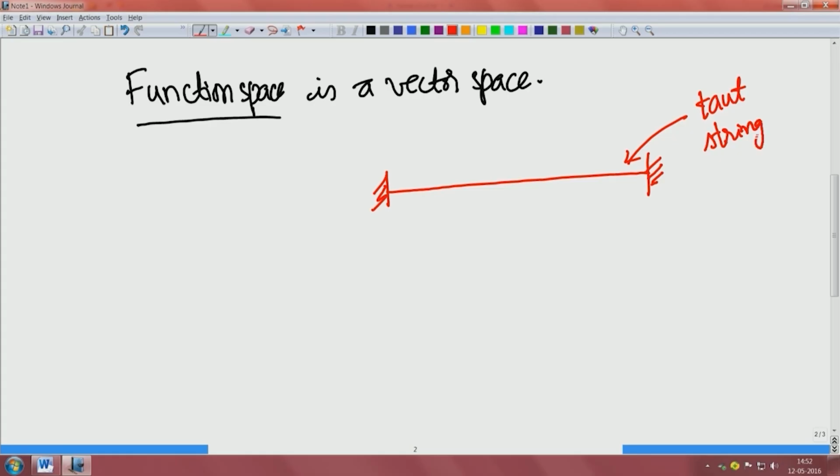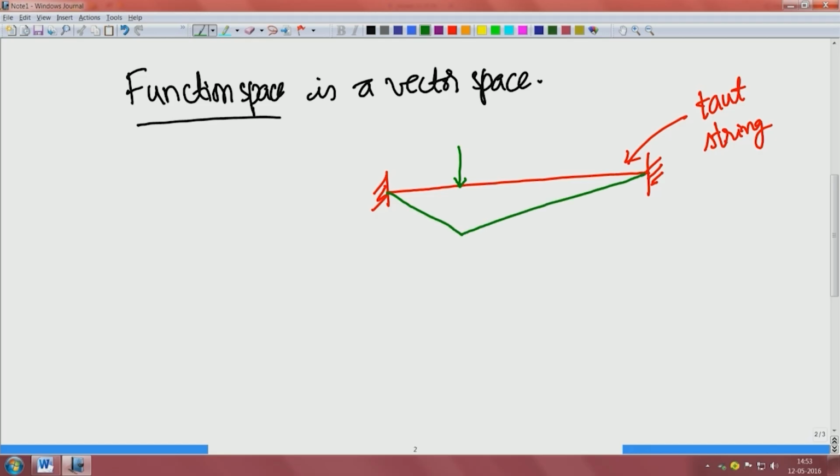Now, when I apply some force on it, what happens? It will deform. How does it deform? It is going to deform something like this.